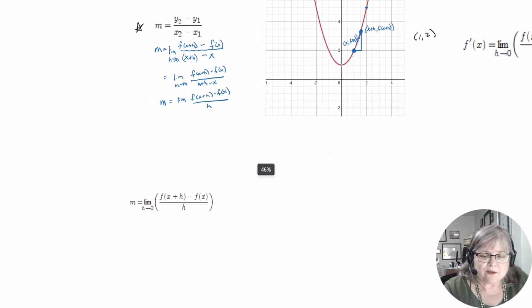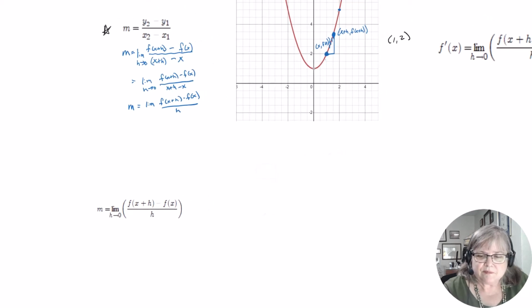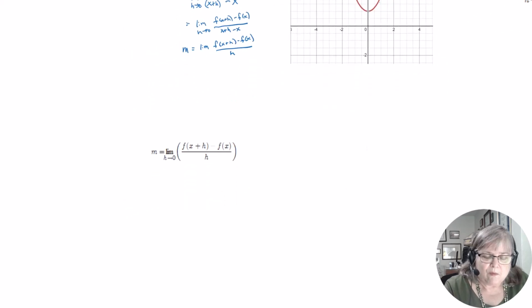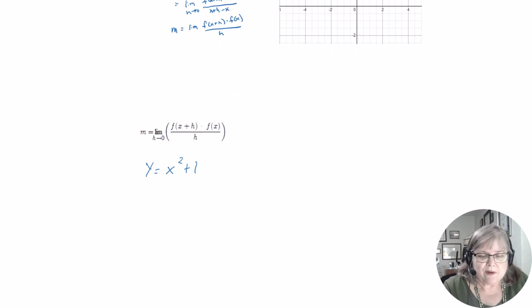So for our function, if you have y is equal to x squared plus 1. Let's see what this gets for you. So the slope at any point in the graph, not just a specific point, but any point in the graph is, according to what we derived, the limit as h goes to 0 of.